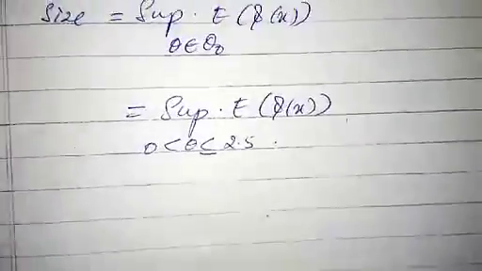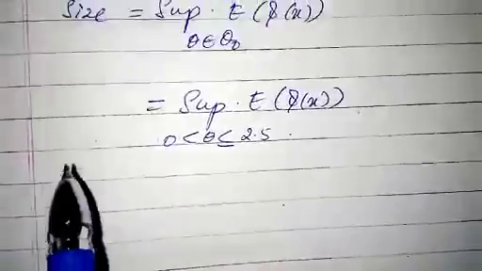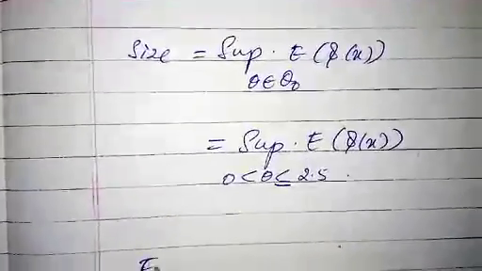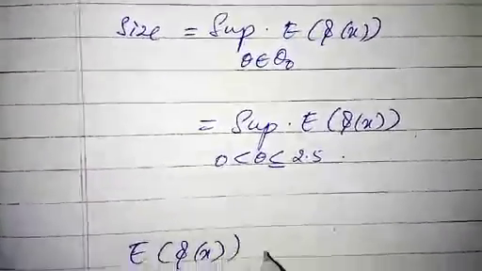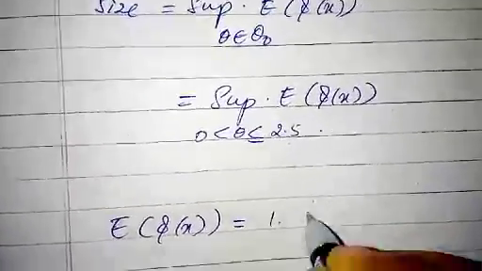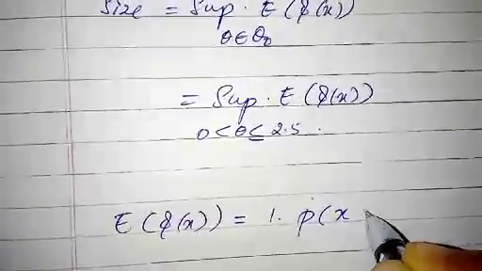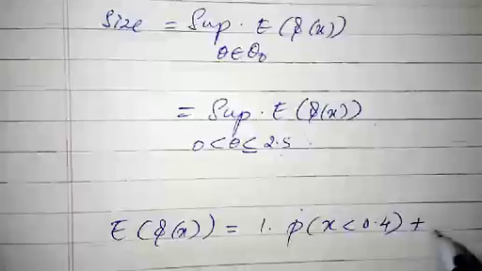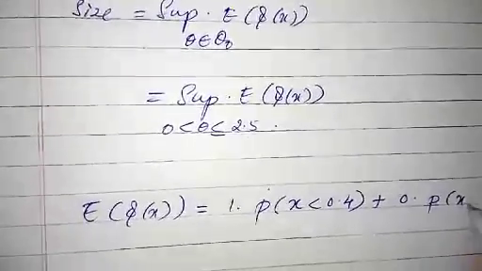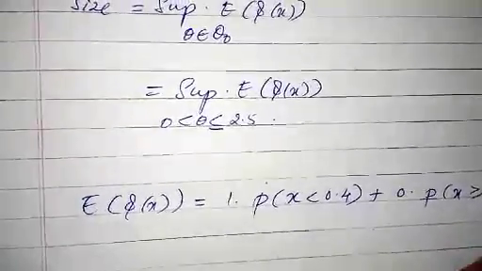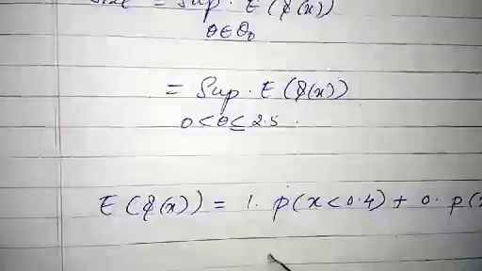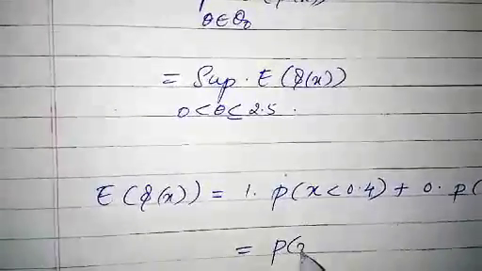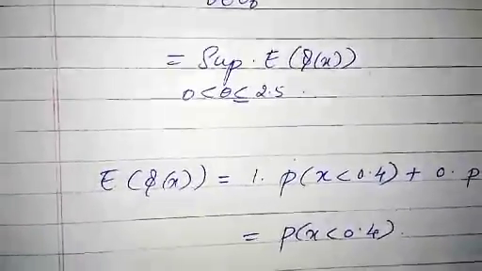So first we should write what the expectation of phi of x is. It is 1 times the probability of x less than 0.4 plus 0 times the probability of x greater than or equal to 0.4, which is equal to the probability of x less than 0.4.